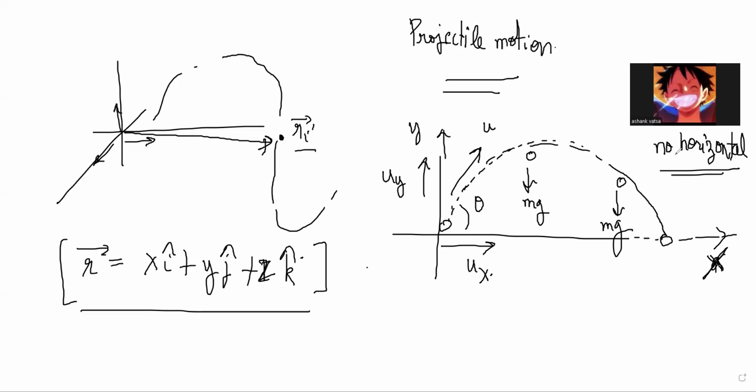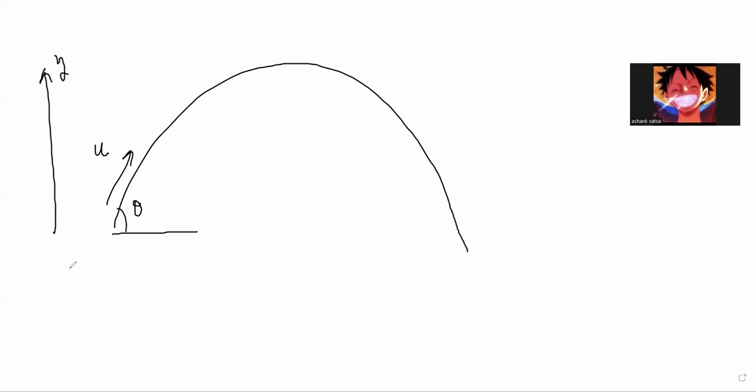So now here, what we will see is that if a projectile was thrown with an angle theta and a speed u, then I will label my axes. This is my y axis and this is my x axis. Now your u velocity has two components, ux and uy.